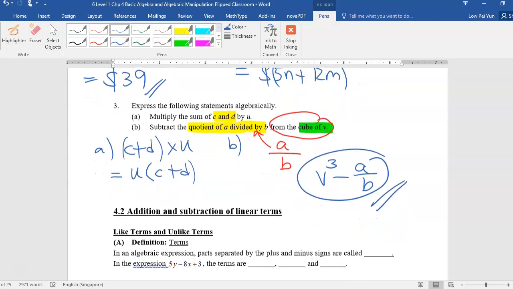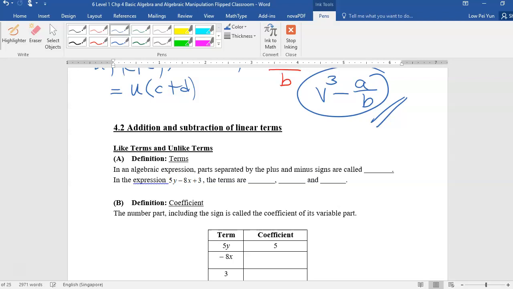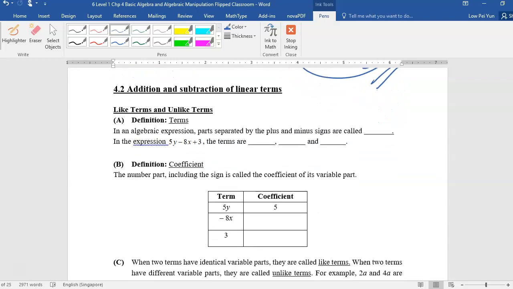Now Mrs. Liao is going to move on to like terms and unlike terms. You have learned this briefly in primary school. Nonetheless, let us look at this again. In an algebraic expression, parts separated by the plus and minus signs are called terms, as you may have heard from your primary school teacher. So in an expression, the terms are 5y.